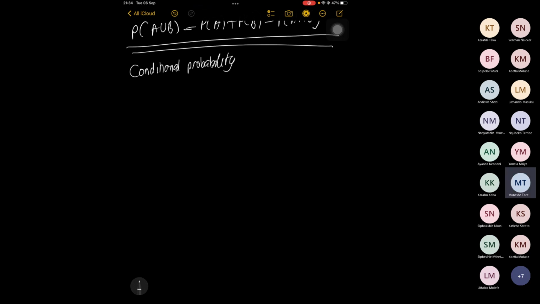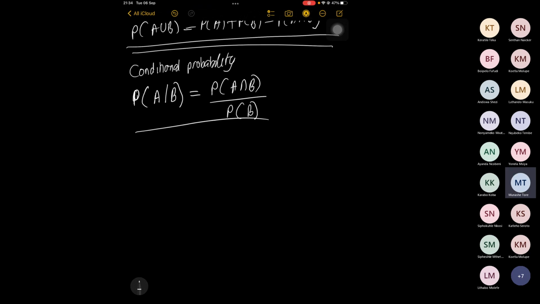So what's conditional probability? Let's assume it's the probability of A occurring given B. This is going to be the same as probability of A intersection B divided by probability of B. This is how you compute conditional probability.